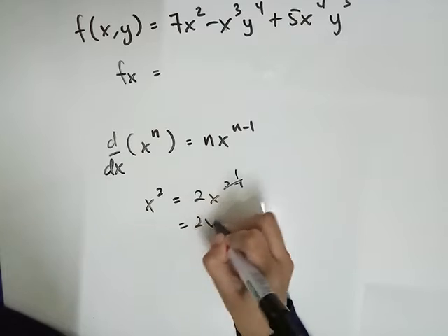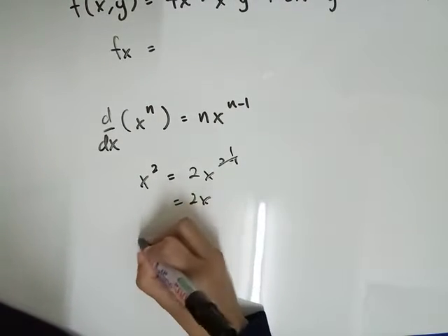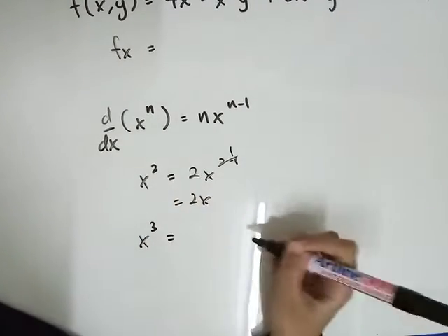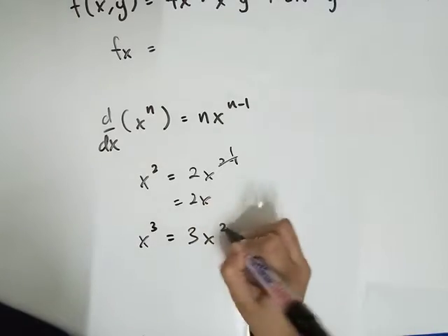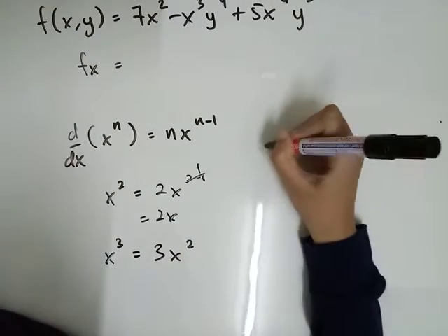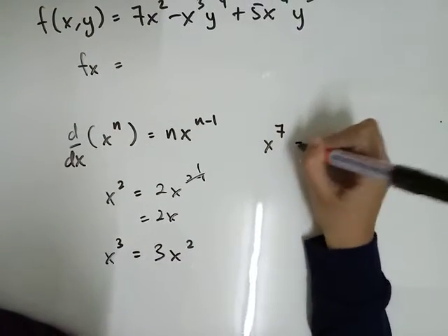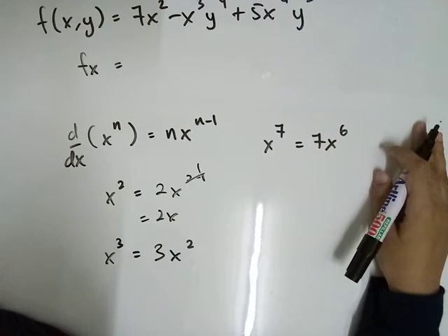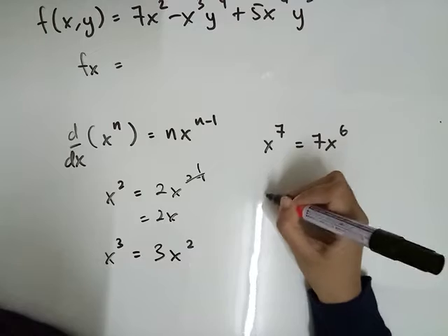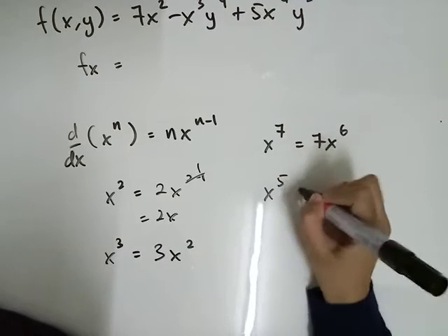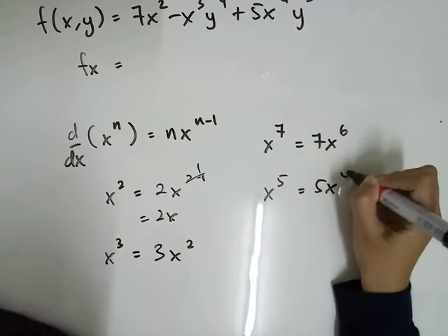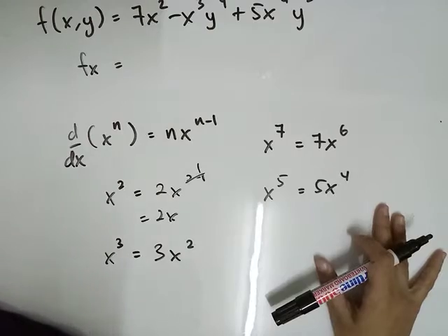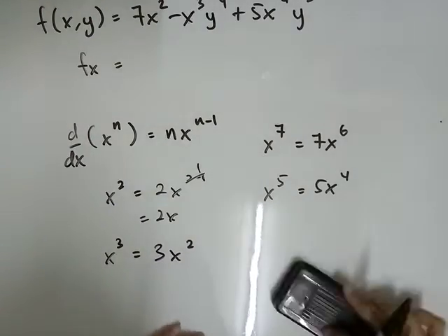So 2x. Differentiate x cubed, it will become 3x squared. Differentiate x power 7, it will become 7x power 6. Differentiate x power 5, it will become 5x power 4. So this is how to differentiate.